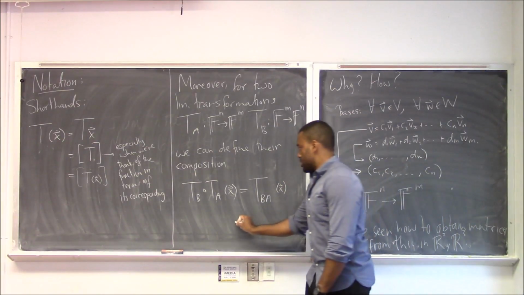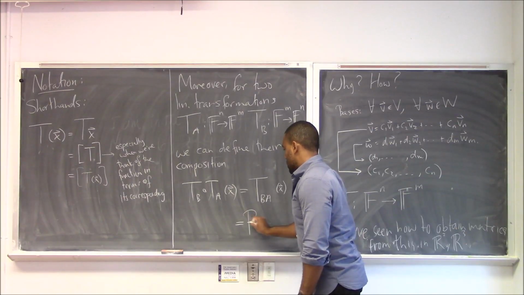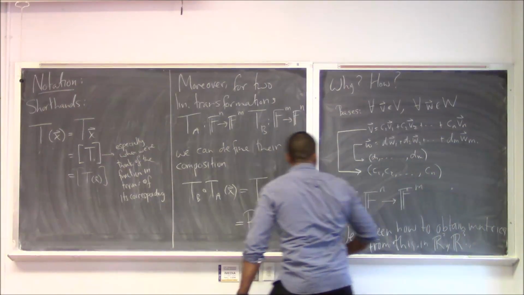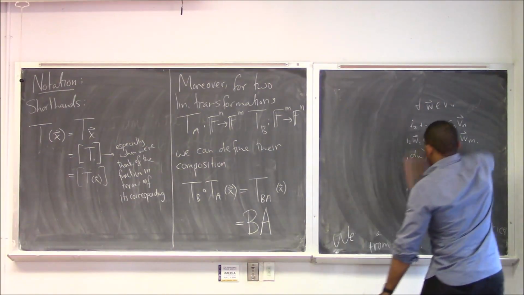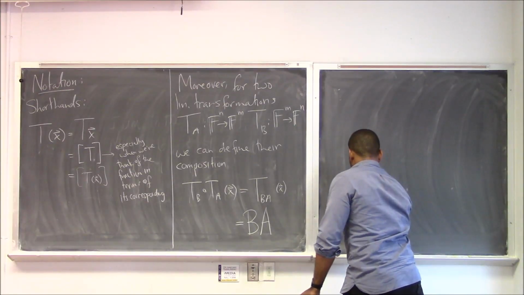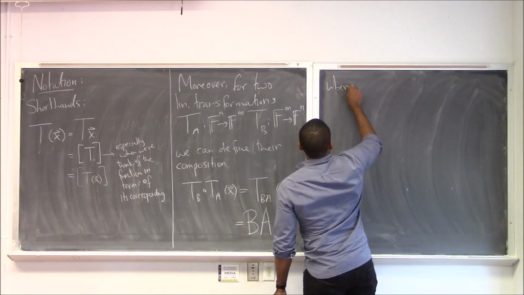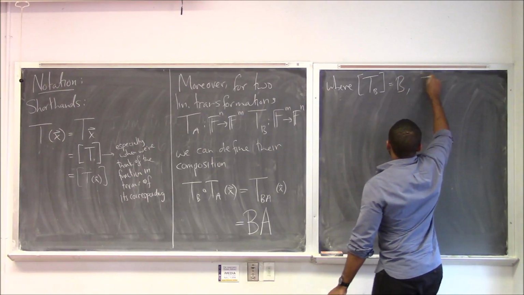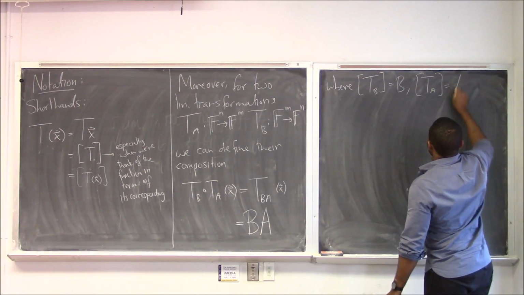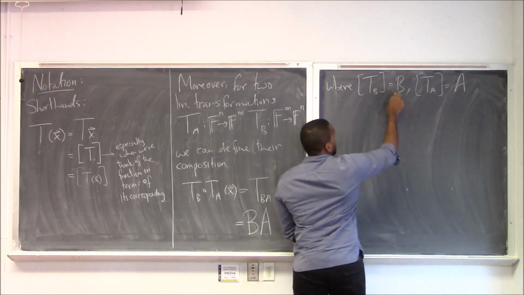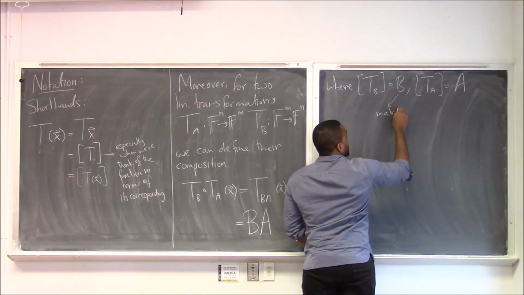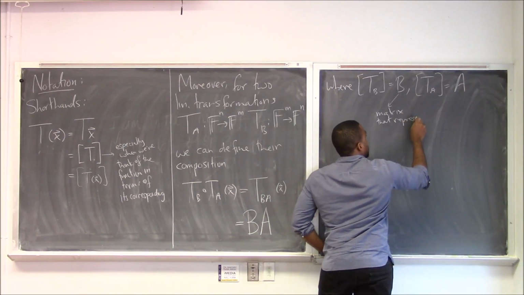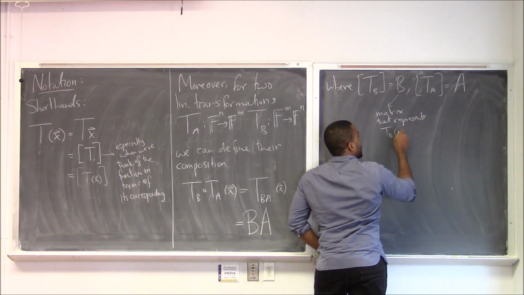And it's defined in terms of the kind of expression you want. That's just actually the matrix B times A, where the matrix of TB is B, and the matrix for TA is A. I.e., this is the matrix that represents the function TB of x.